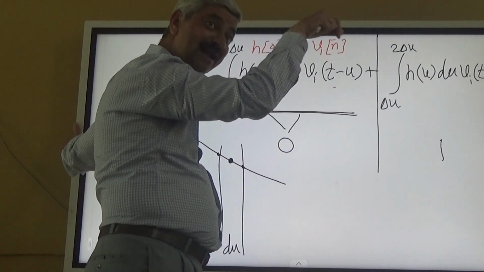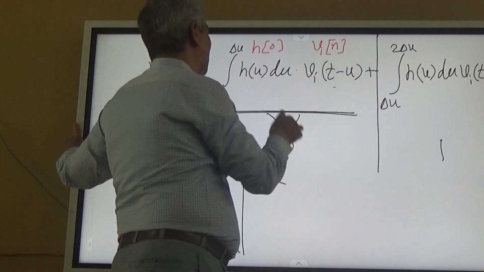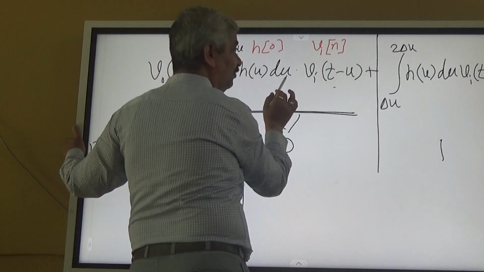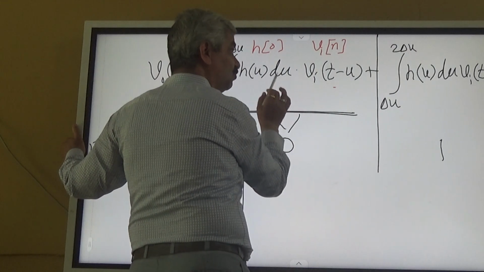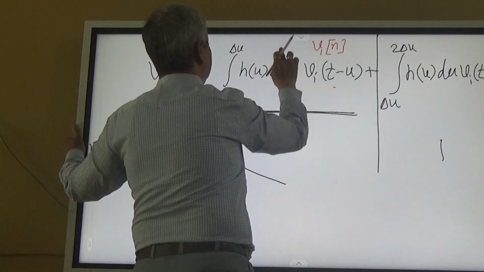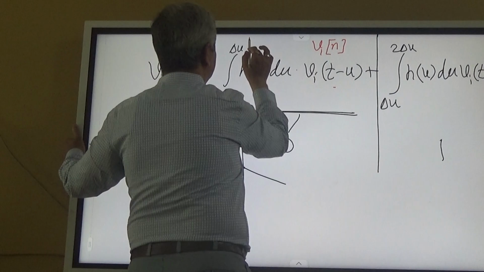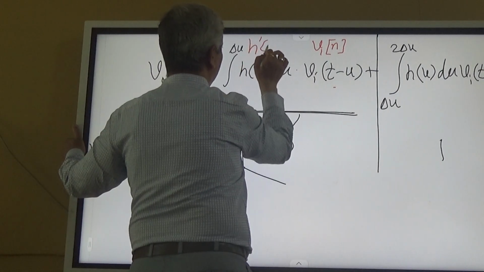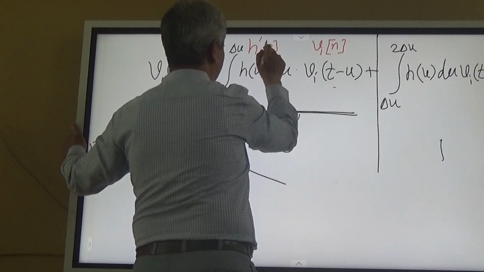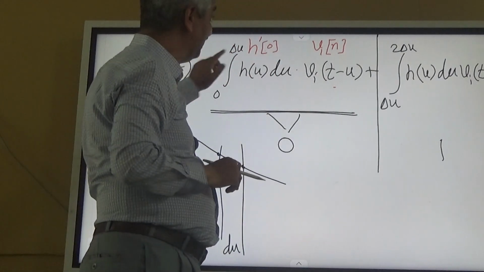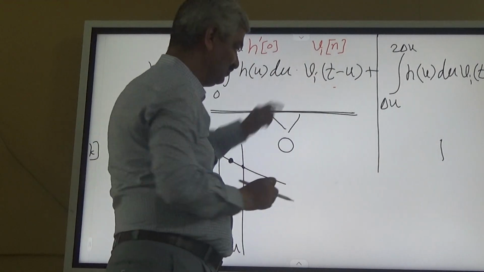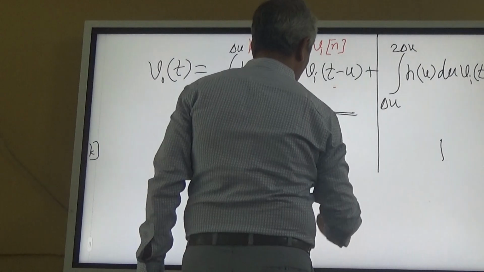That is the input at that time, and then what will happen? This du is sufficiently small, so this I will call as h0, this I will call as, say, h dash 0. H dash 0, I deliberately use h dash. H dash 0, v in n. So if both are constant, what will happen?